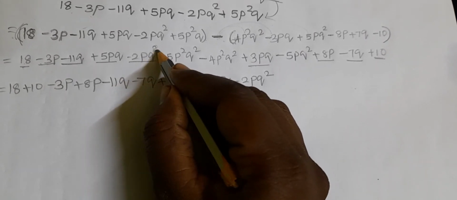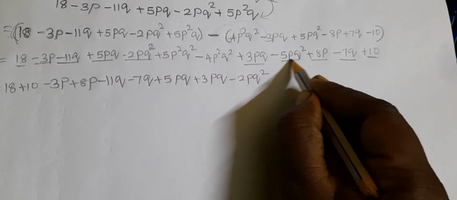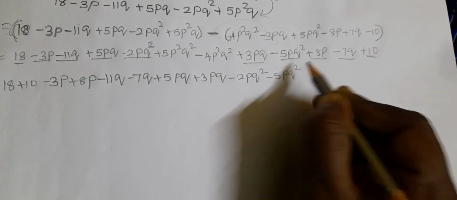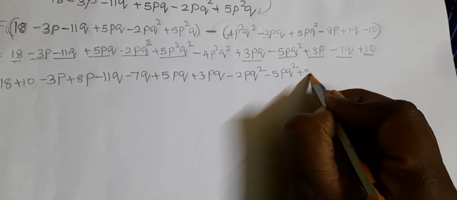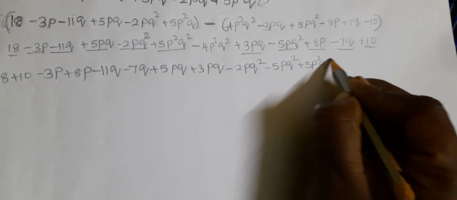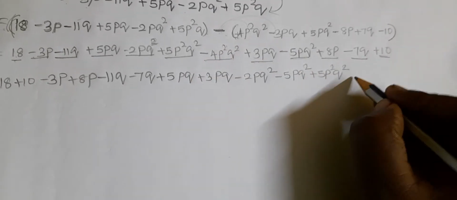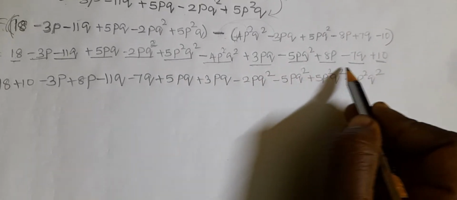Q has the square, so pq square. This one minus 5pq square. Next plus 5p square q square. This also contains a p square q square term. So minus 4p square q square.